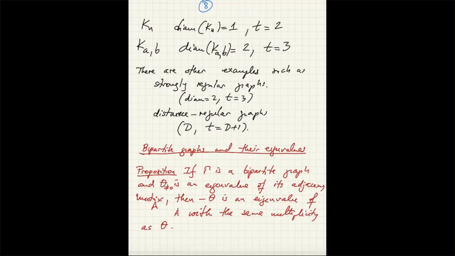So let's prove this result. If you have a bipartite graph, you have two partite sets or color classes. It doesn't have to be complete bipartite, although a complete bipartite graph is an example of a bipartite graph, and in that case, the result is true, as we saw earlier.